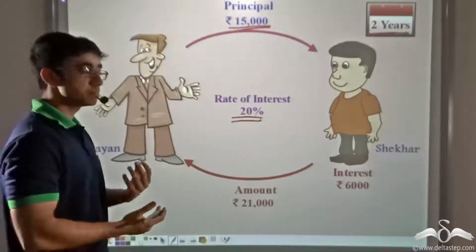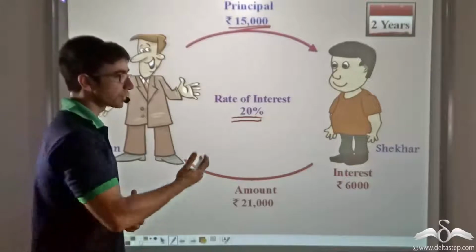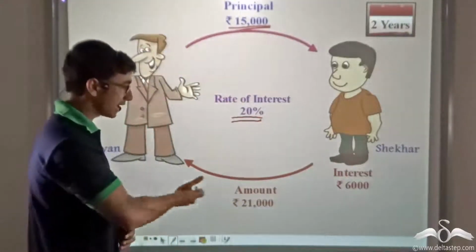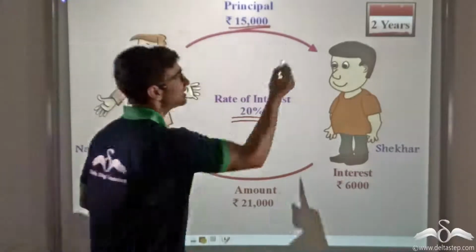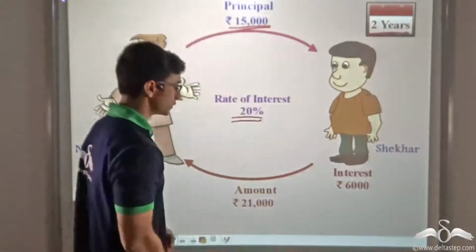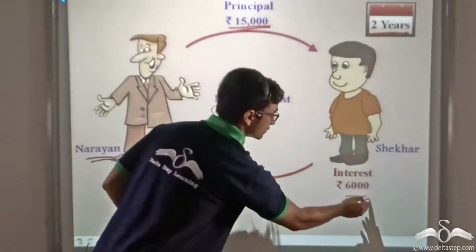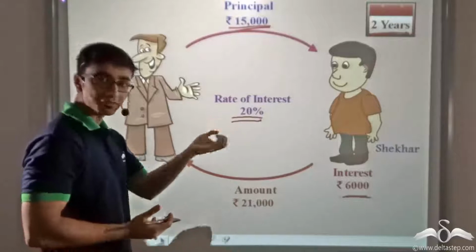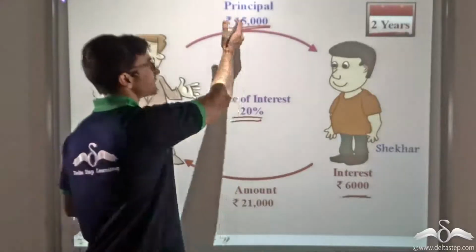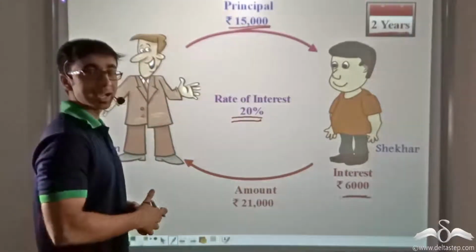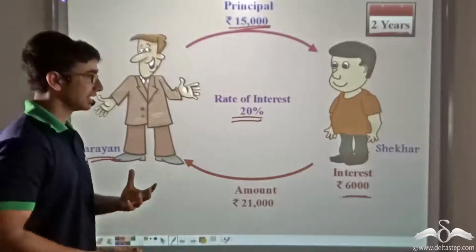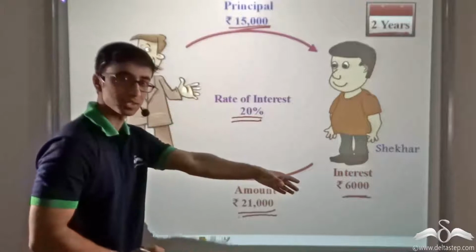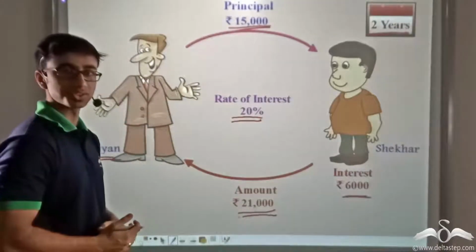So if we calculate PRT by 100, we will find that the additional amount of money that Shekhar will be paying back to Narayan at the end of 2 years is equal to rupees 6,000. This is the additional amount of money that Shekhar will have to pay in order to borrow 15,000 for 2 years. And the total amount of money that Shekhar is paying back is 15,000 plus 6,000 equal to 21,000.